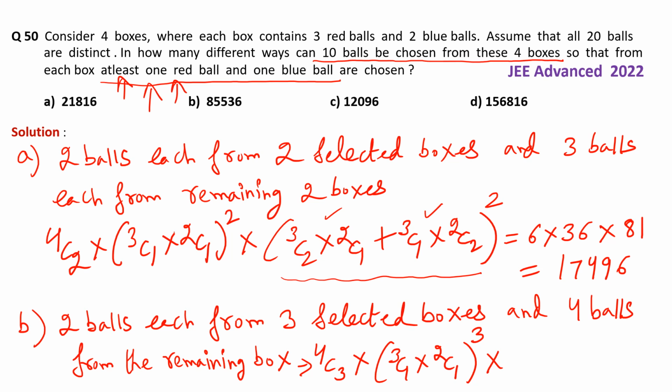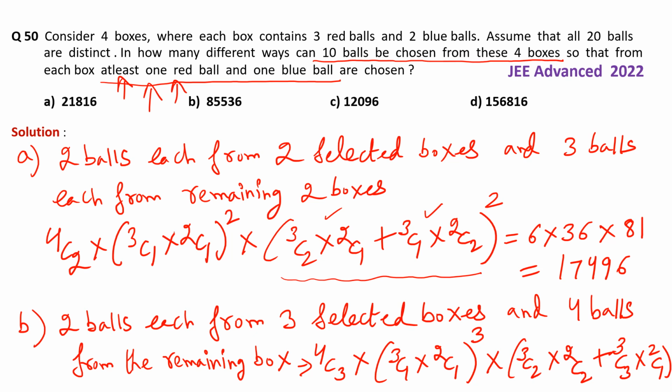Either I can draw 2 red balls and 2 blue balls, that is 3C2 into 2C2, or I can draw 3 red balls and 1 blue ball, that is 3C3 into 2C1. There is no possibility of drawing 3 blue balls, because in total we have just 2 blue balls. Now we have to calculate it.